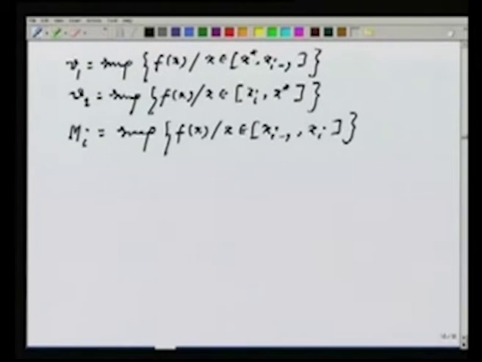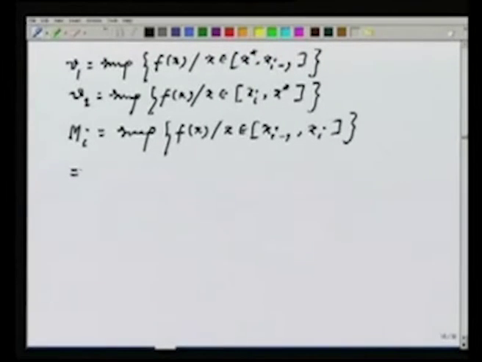Then what is the connection between V1, V2 and Mi? Because while dealing with LPF, I dealt with the connection between W1, W2 and little mi. So analogously, I have to deal with V1, V2 and capital Mi here. Well, here the obvious thing is that the supremum of a smaller set is always smaller than the supremum of the bigger set.